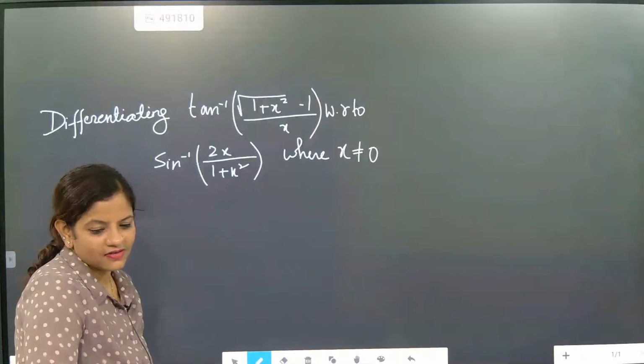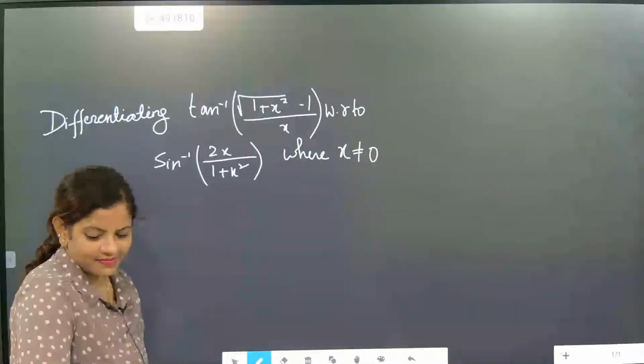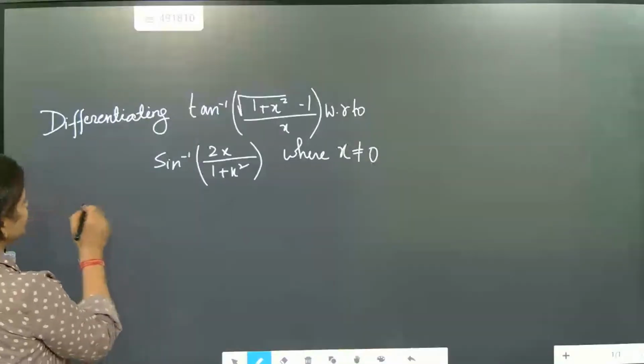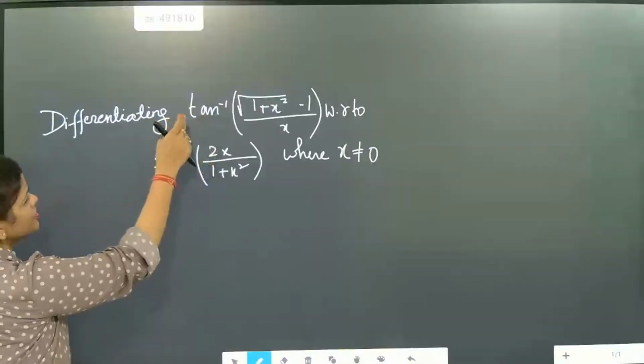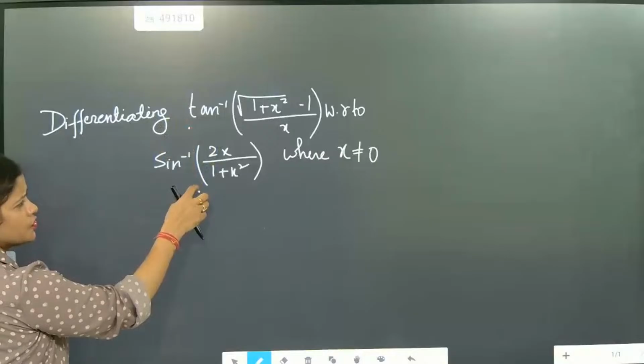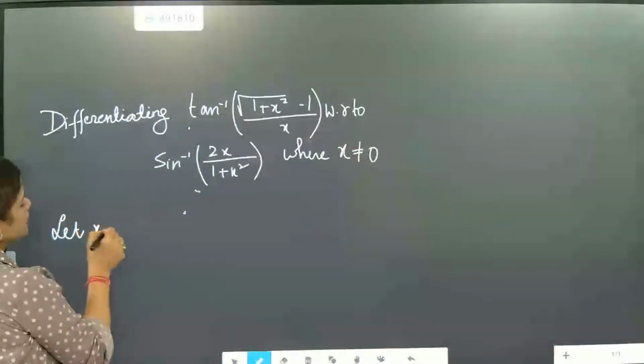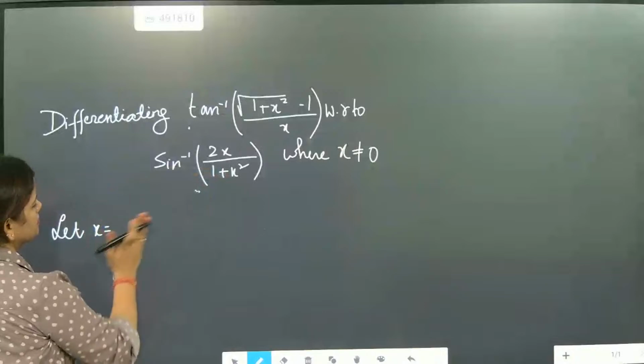Can I solve? The first work: because they told differentiating this with respect to this, this will come down. First we will take let x equal to tan theta.